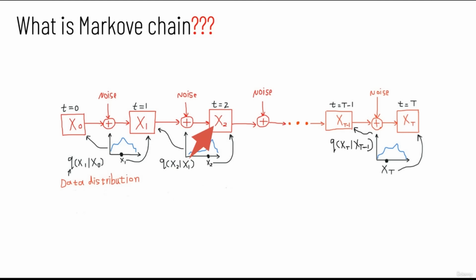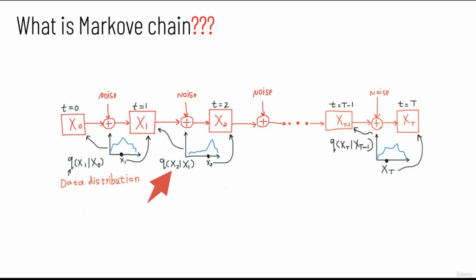And we will call this distribution q of x2 given x1, which means the probability distribution of x2 by knowing the value of x1 variable. We will use this distribution to get the value of x2 variable.